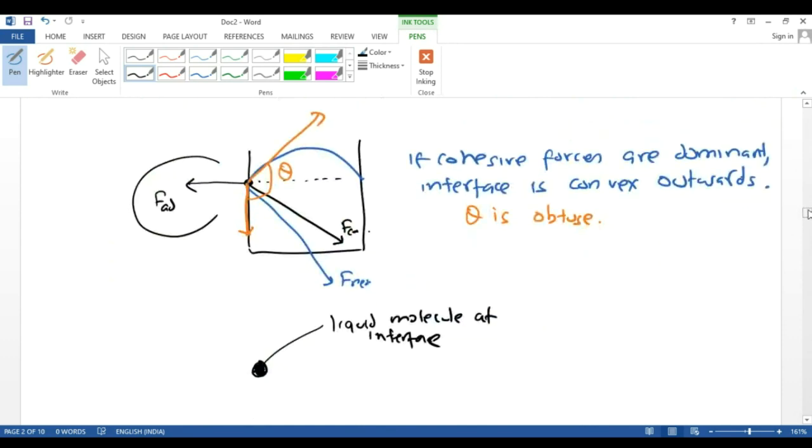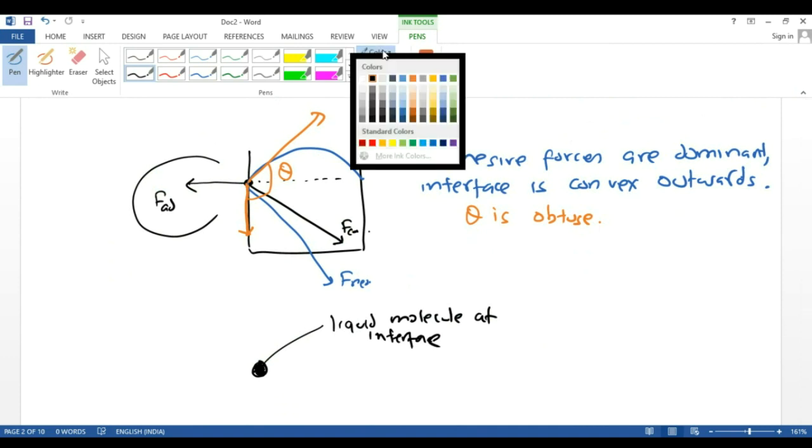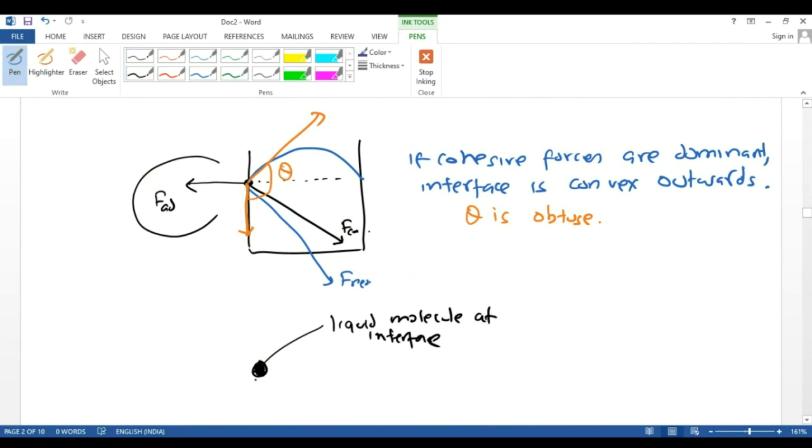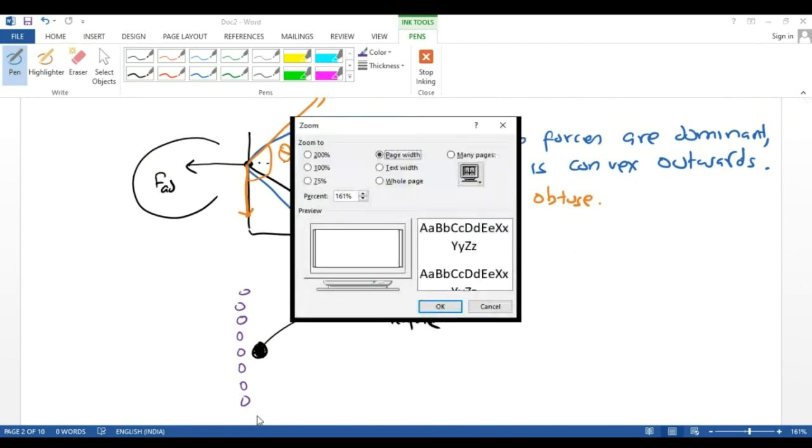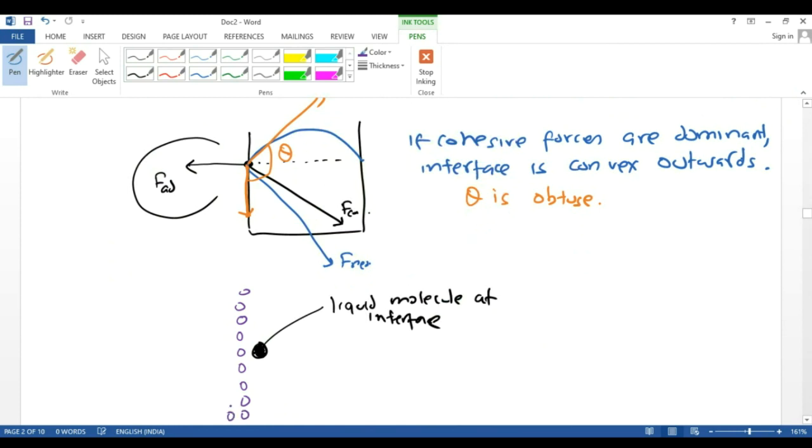On one side of it, you have a lot of solid molecules. Let us show solid molecules by some particular color. So you have solid molecules on one side, a large number of solid molecules.